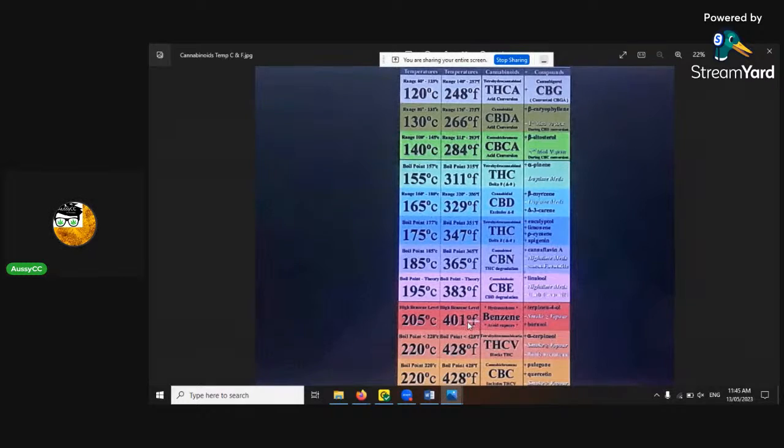Benzene's a really bad hydrocarbon, and it causes you harm. So if you're going to smoke your cannabis above 225 Celsius or about 450 Fahrenheit, you've got a high chance that it's going to combust, and that combustion is going to unlock benzene and other hydrocarbons, which are really not good for you.